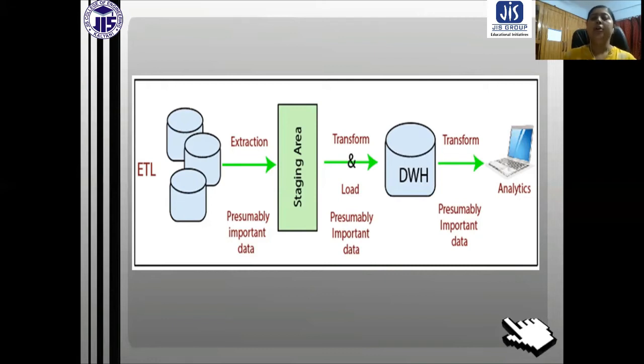So from the staging area, the data comes to the data warehouse, and then we are going to pass that data to the front end tools. We discussed in the previous class the architecture, and in the architecture we have a front end. The data is actually passed to the user.